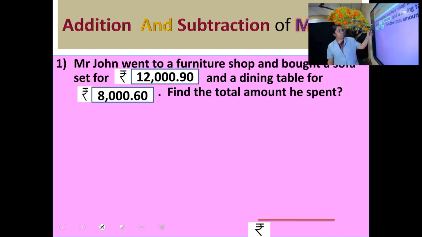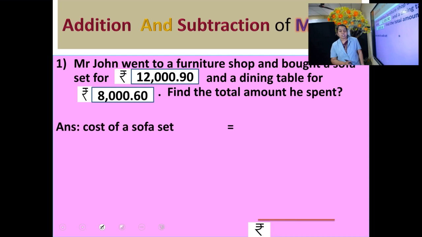So what is the first step? Read the first line. First line will be the first step. What did he buy from the furniture shop? Yes, sofa. So the first step is the cost of a sofa set. What is the cost of a sofa set? Rupees 12,000.90.